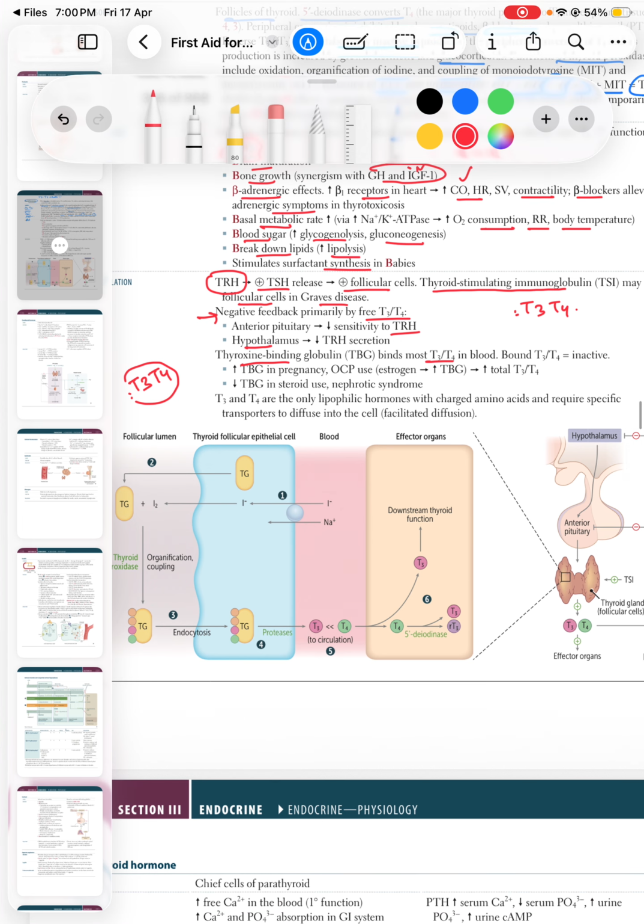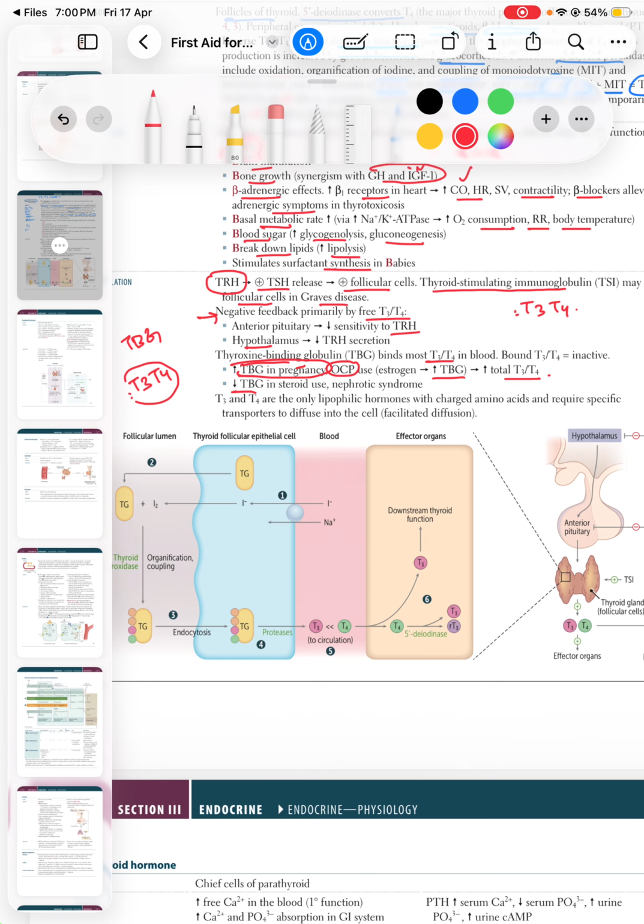Now, in which conditions is the TBG, thyroxine binding globulin, increased? In pregnancy it is increased. Also in oral contraceptive pills, these TBGs are increased. As a result, the total T3 and T4 increase. Okay, now in which cases is the TBG decreased?